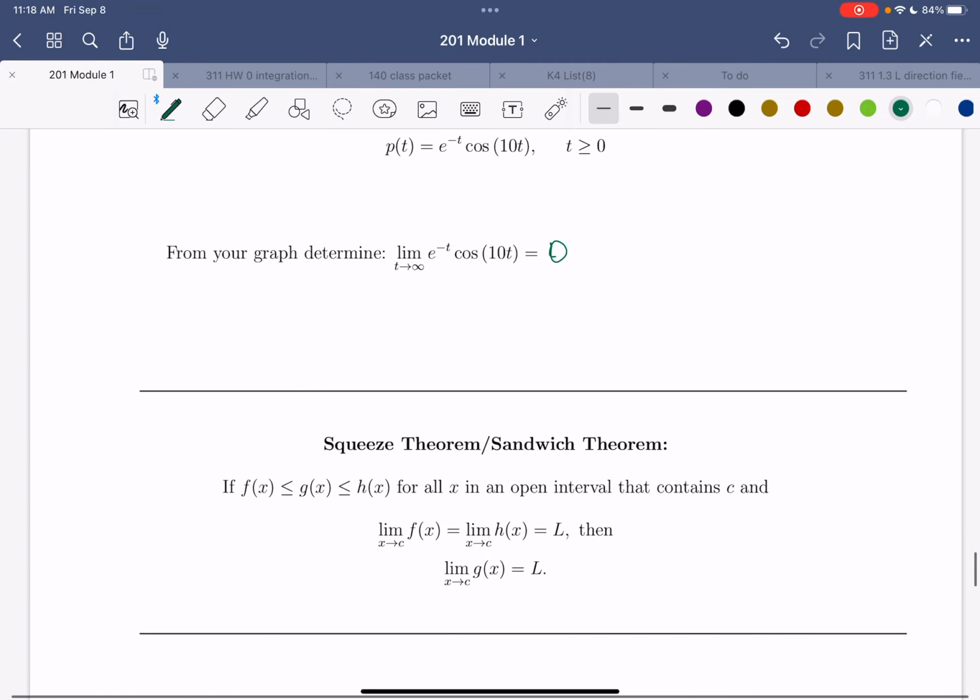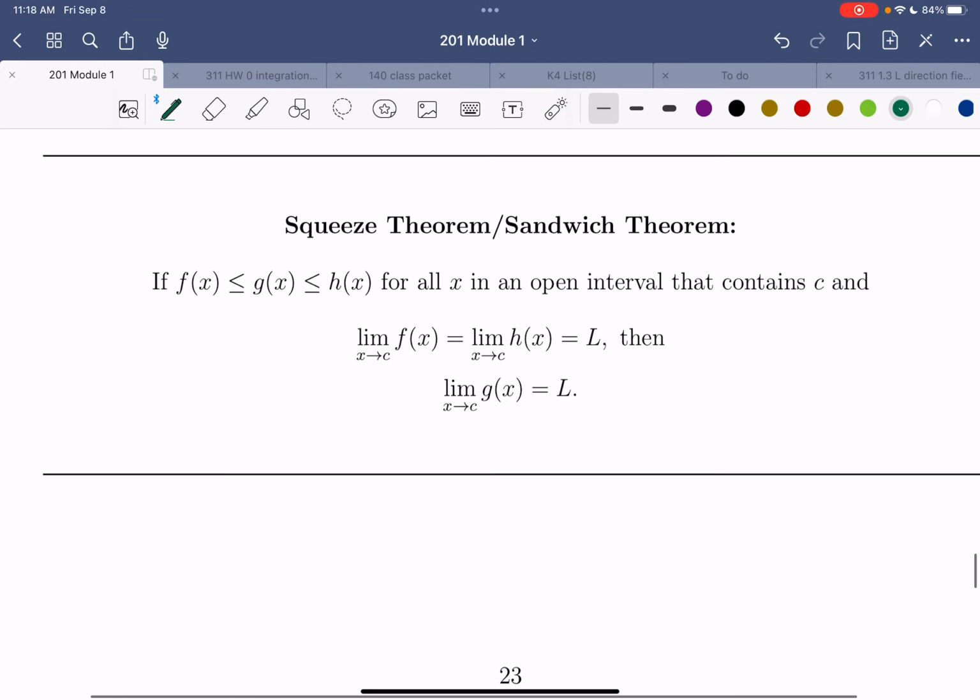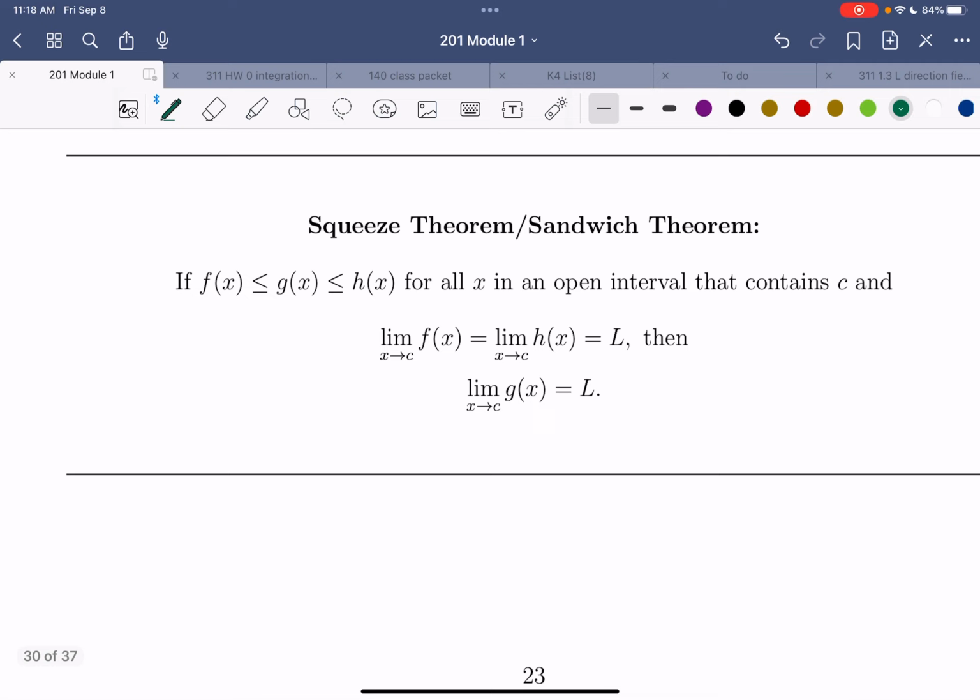Well, we have a theorem that's going to help, and this is called the squeeze theorem or the sandwich theorem. And that tells us that if we have 3 functions, a small one, a big one, and one in the middle, on an open interval that contains a c value, right? So you've got to be on some interval, some space, where you have the x value that you're going to take the limit of, okay?